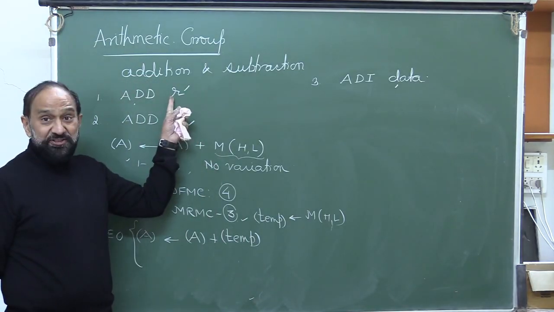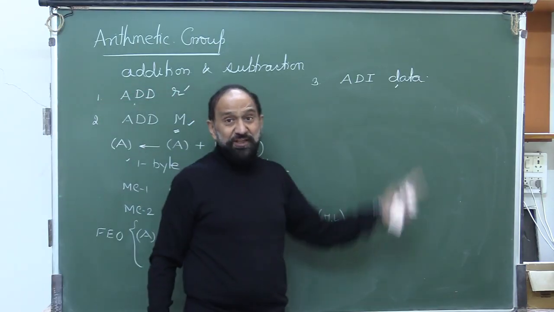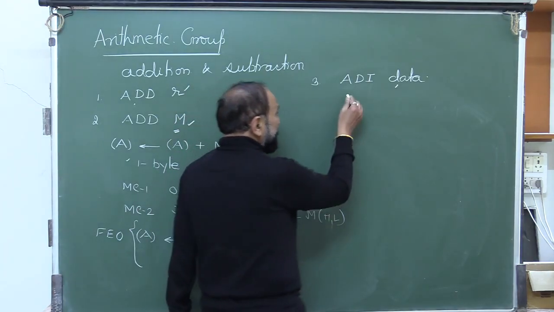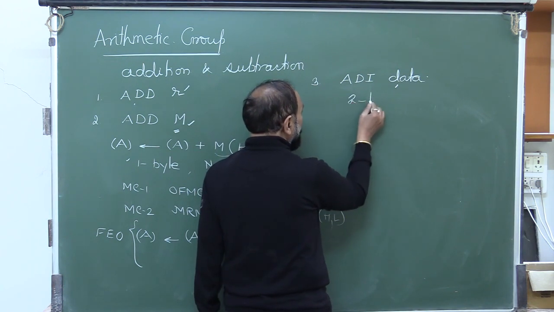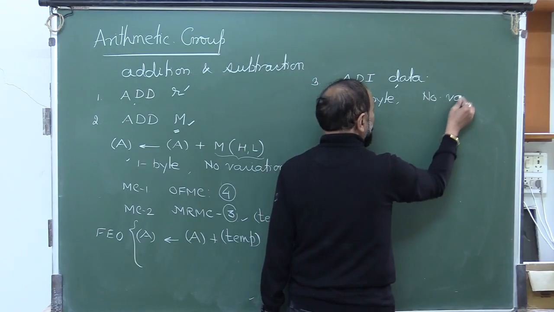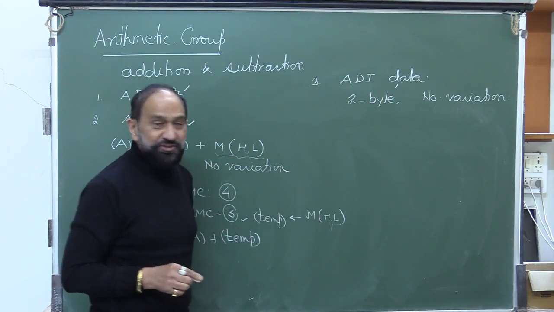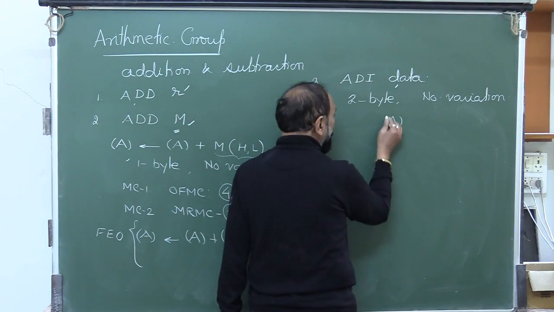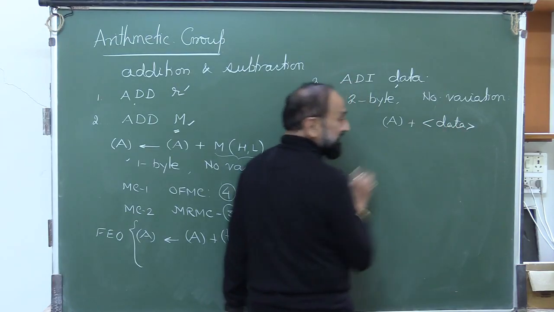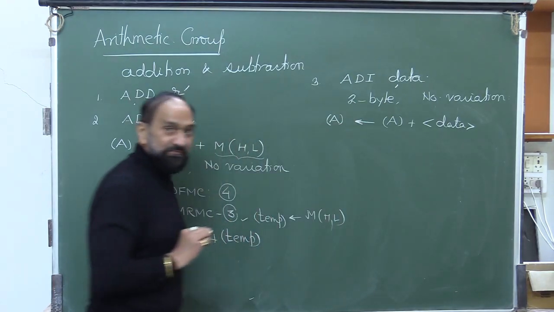It is a register addressing mode, it is an indirect addressing mode, it is immediate addressing mode. So the instruction is a 2-byte instruction, no variation, and the meaning of the instruction is add the contents of accumulator with the data byte present in the instruction as second byte and store the result in accumulator.